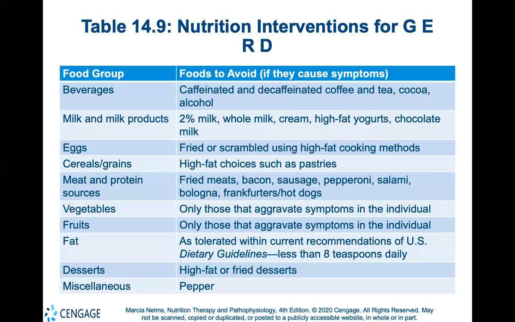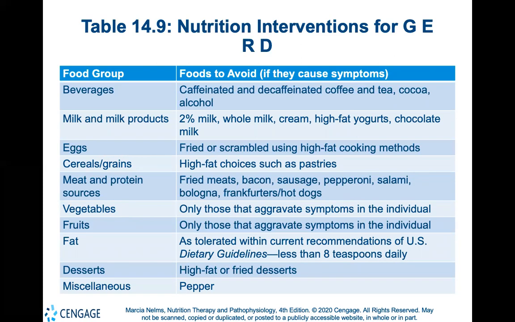This is Table 14.9, nutrition interventions for GERD. It gives the food group and foods to avoid if they cause symptoms. Beverages: caffeinated and decaffeinated coffee and tea, cocoa, alcohol. Milk and milk products: 2% milk, whole milk, cream, high-fat yogurts, chocolate milk. Eggs: fried or scrambled using high-fat cooking methods. Cereals and grains: high-fat choices such as pastries.